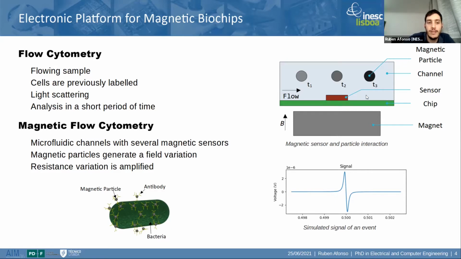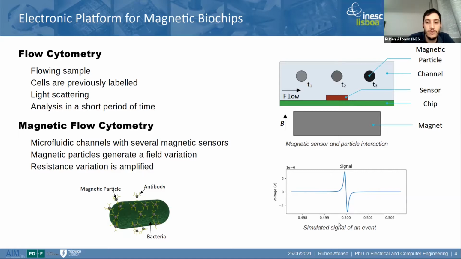Being paramagnetic, an external magnetic field is needed to magnetize the particles, so a permanent magnet is used to generate an external magnetic field B. When these entities pass over the sensor, a variation in the magnetic field is generated. So a variation in the sensor resistors is detected and amplified, and we have a sensor with this shape.